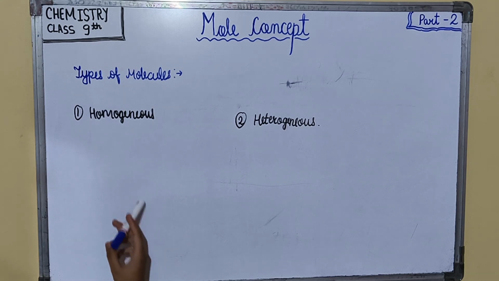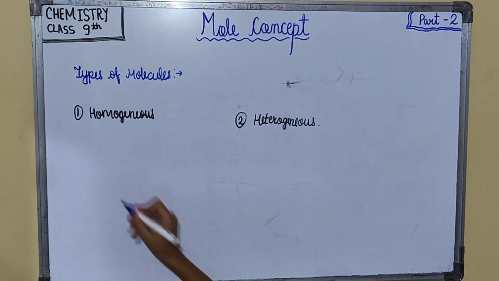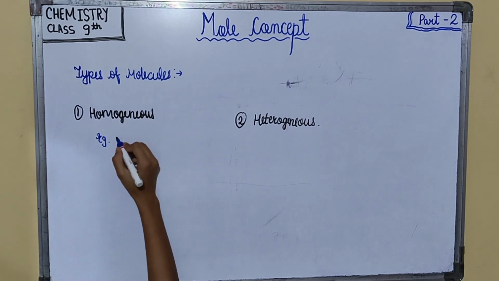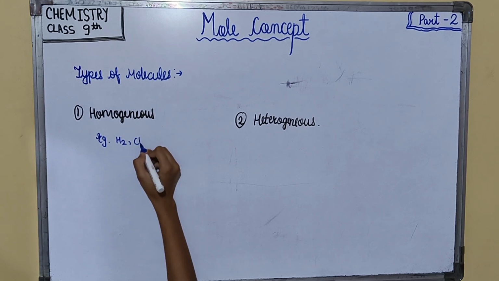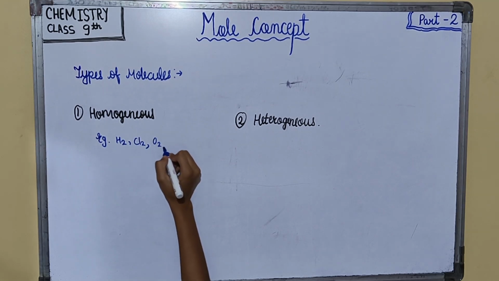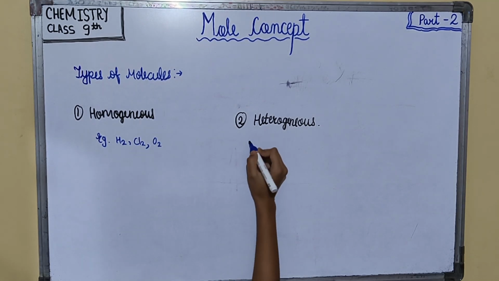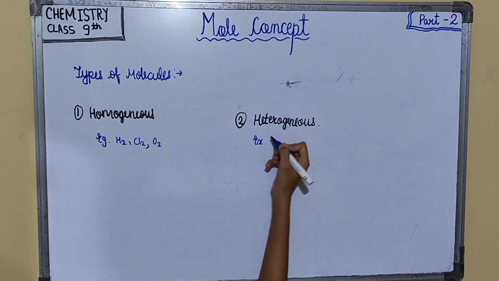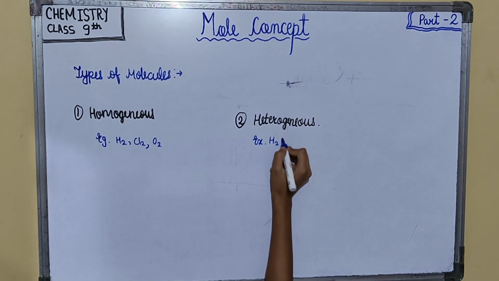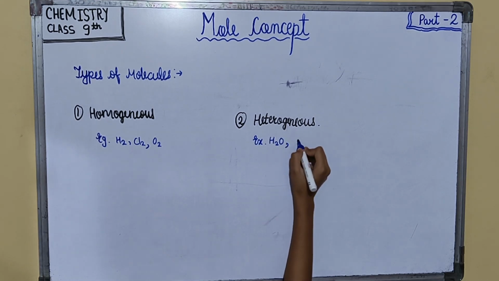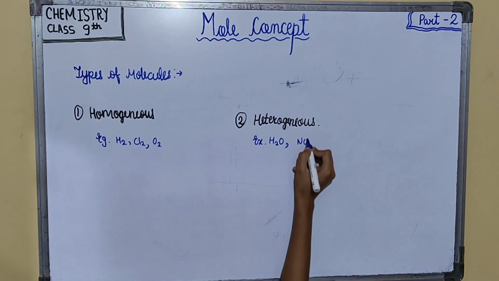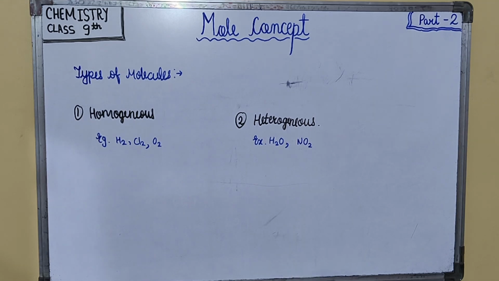Examples of homogeneous molecules are H2, Cl2, F2, O3, S6, S8. I'll write them: H2, Cl2, O2, and so on. And heterogeneous has examples like H2O, NO2, and so on.